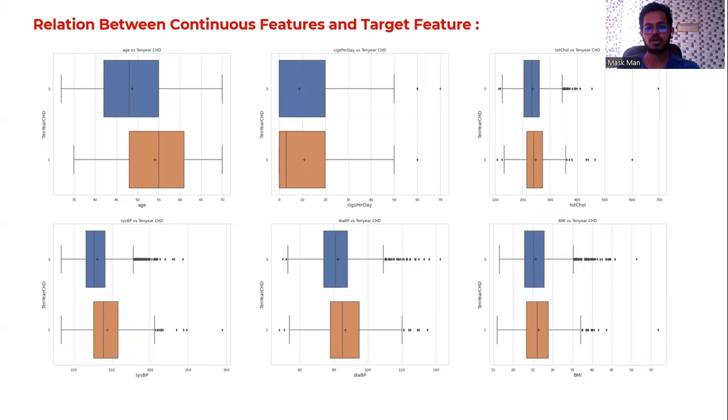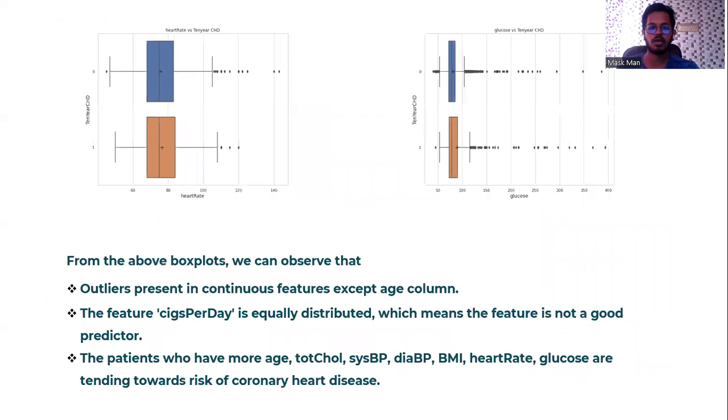We can also see the total cholesterol for the one category is more, and also the systolic BP, the diastolic BP, and the BMI. For heart rate there is a little bit more, and for glucose also.